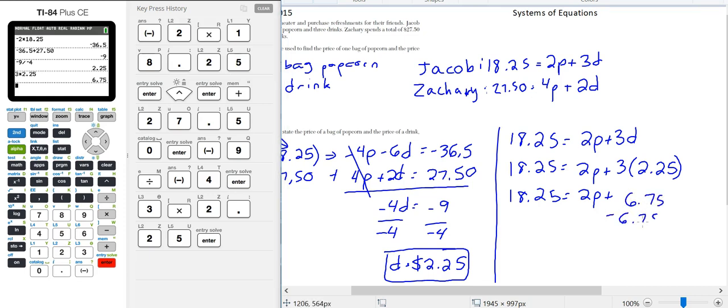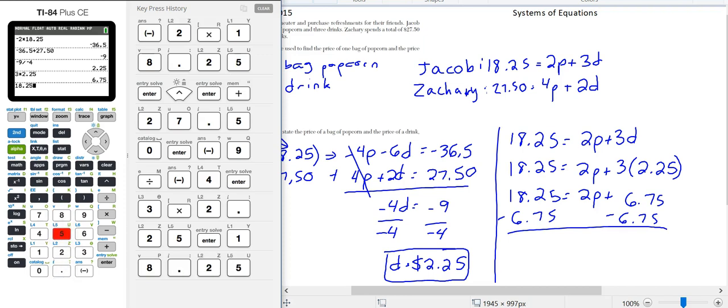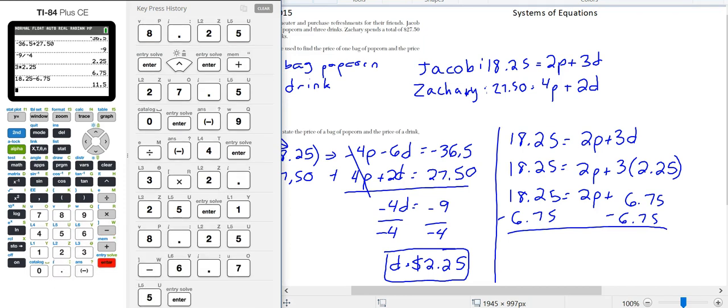Minus 6.75 from both sides. 18.25 minus 6.75 is 11.5. 11.5 is equal to 2p.